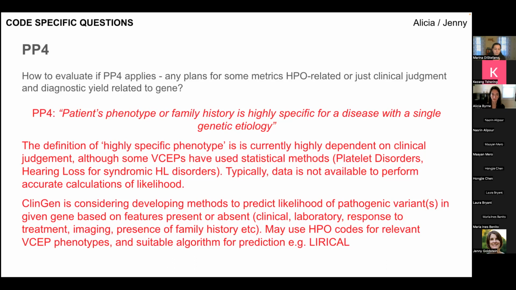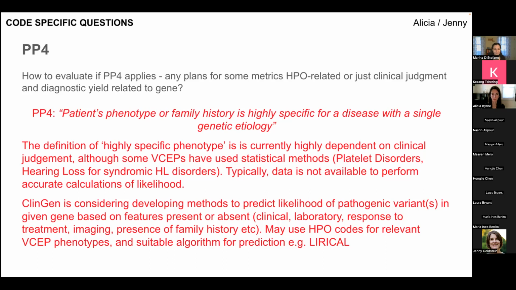Unfortunately, typically data really isn't available to perform accurate calculations of the likelihood that you'll find a pathogenic variant in a gene based on a specific set of clinical symptoms, which is why at the moment we're really just relying on clinical and expert judgment. But this is a question that we've really been thinking about a lot, and it is a really interesting question.